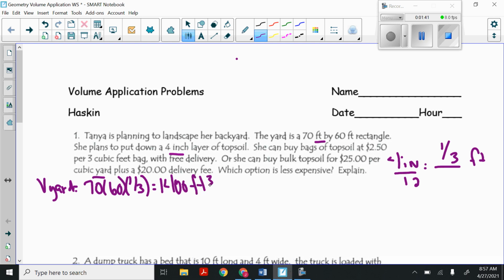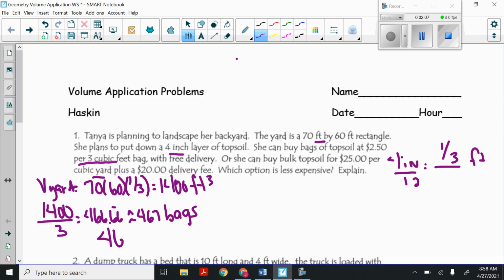So now it says she can buy bags of topsoil at $2.50 per 3 cubic feet bag. I have 1,400 cubic feet to cover. I can buy bags per 3 cubic feet, so divide that by 3 to find out how many bags we would need. When we do that, we get 466.66 repeating, so we need approximately 467 bags.